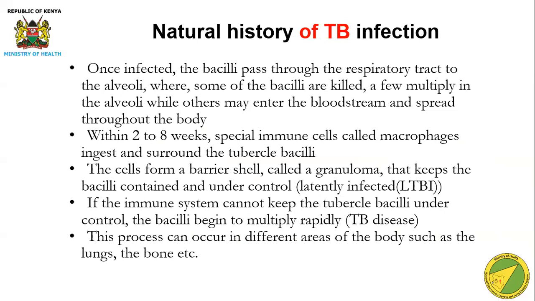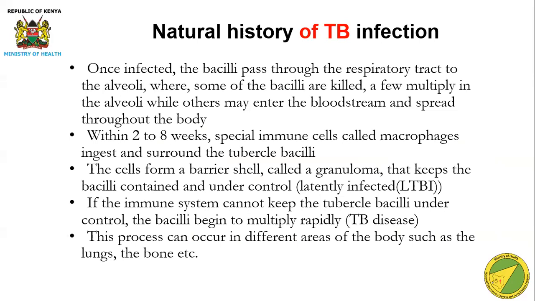Within 2 to 8 weeks, special immune cells called macrophages ingest and surround the tubercle bacilli, and here we will consolidate them into foci called Ghon's foci, and they will be destroyed mostly as long as the immune system is strong enough.